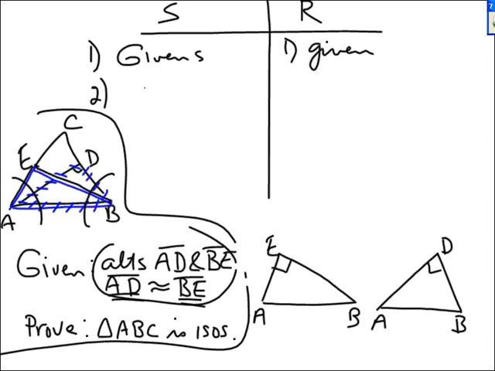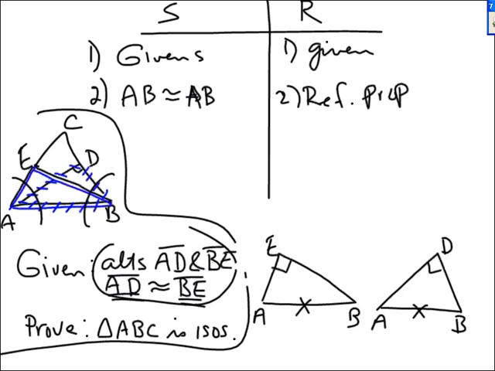Okay, so AB is congruent to AB. The reason is the reflexive property. Okay, so AB and AB are equal.